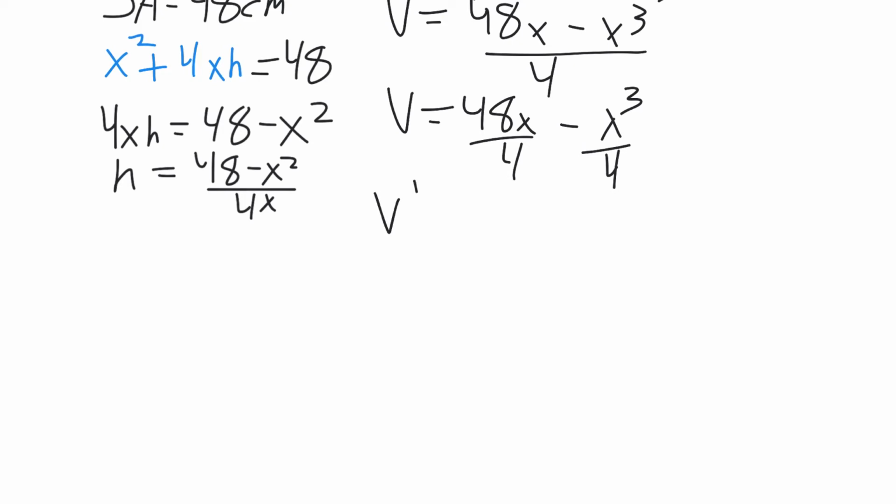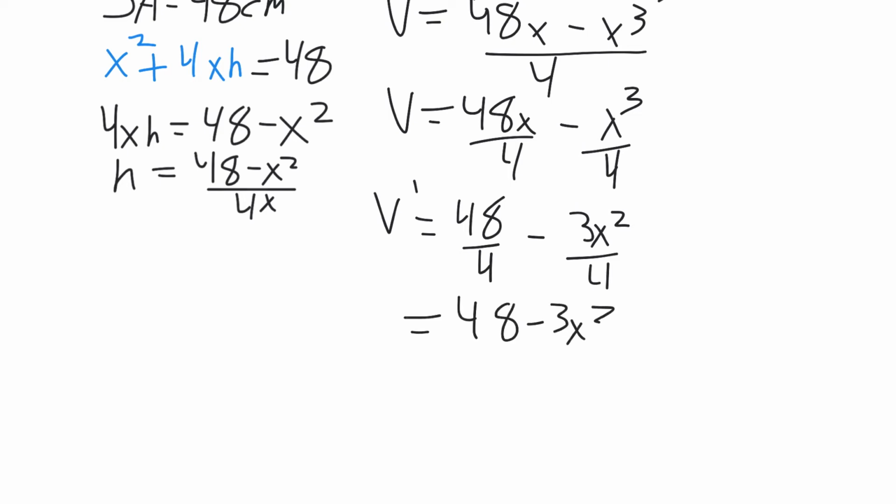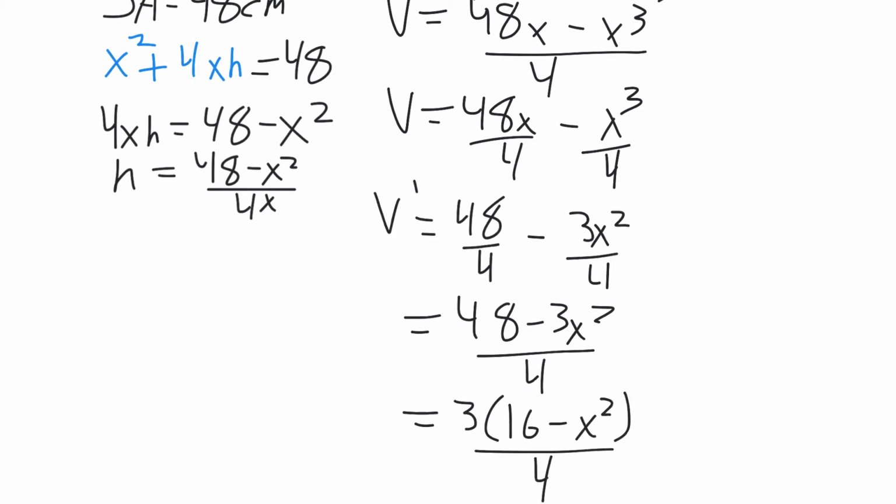V prime is equal to 48 over 4 minus 3x squared over 4. We can combine these to give us (48 minus 3x squared) all over 4. And the 3 will factor to give 3 times (16 minus x squared) over 4.